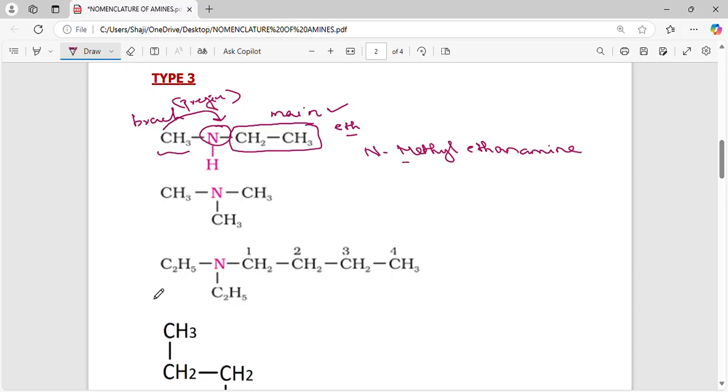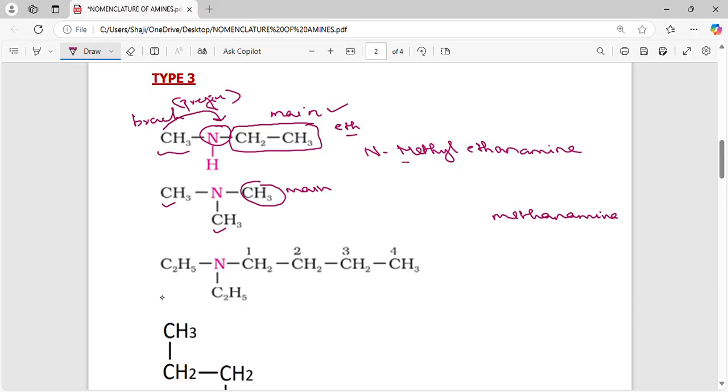In the same type, let's discuss a different question in which there are two branches. You see, this and this are the branches, and this is the main chain. Why have I taken that as the main chain? Because all the chains have only one carbon, the main chain has only one carbon. It is methanamine, that is the name of the amine.